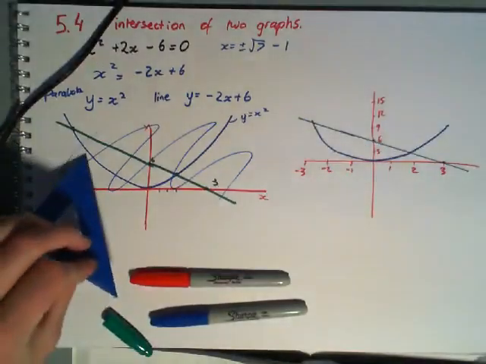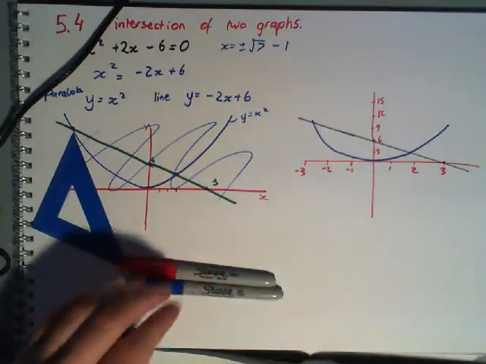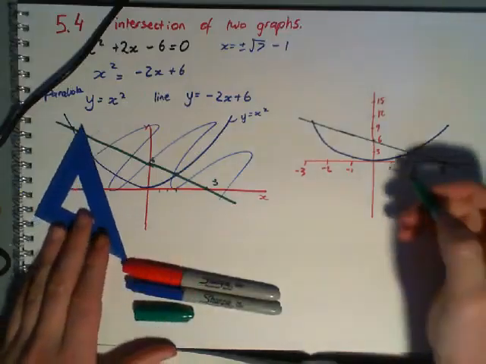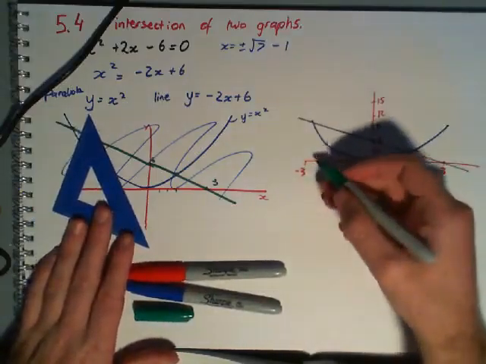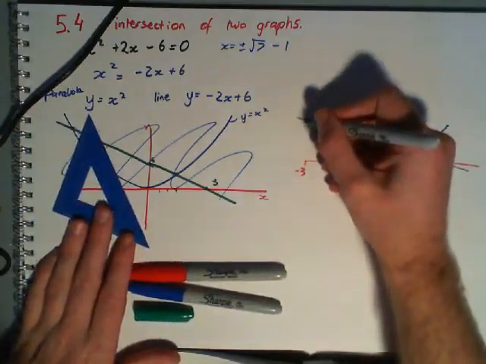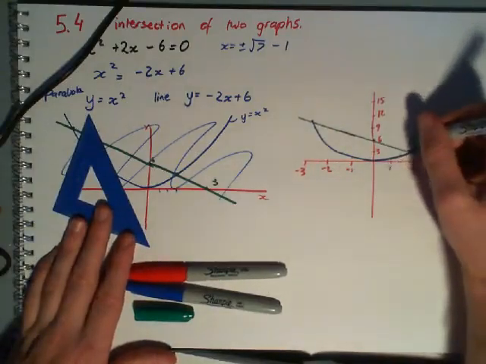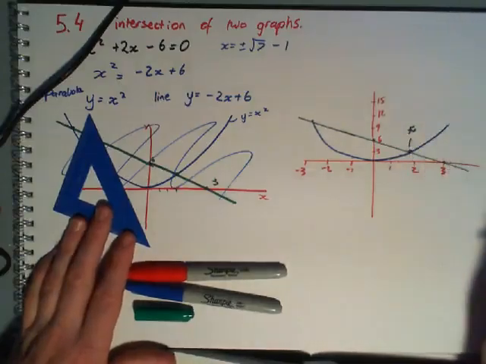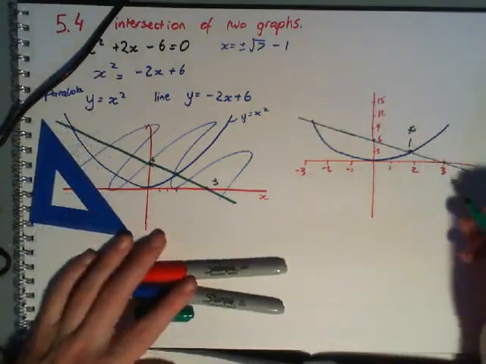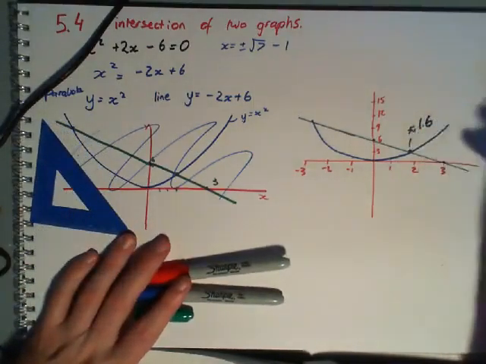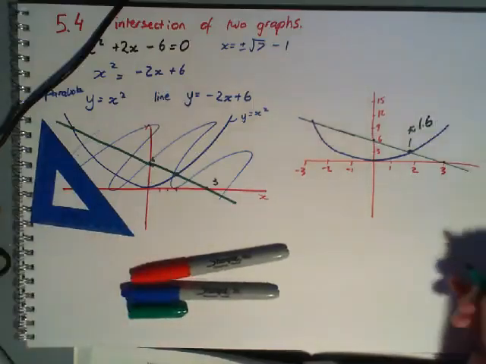Okay, roughly there. And I haven't done this very well. 3 should be there. So this point here is about 1.5, 1.6, roughly, just from the graph.